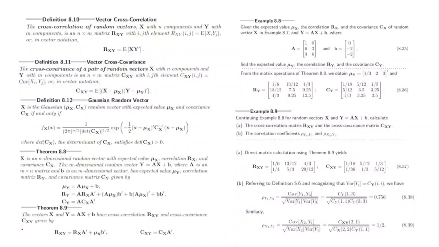Now, as we described vector correlation and vector covariance, we can define vector cross correlation and vector cross covariance. In the previous slides, in vector correlation, we took R_X only, so we had one random vector. Now we have two random vectors, X and Y, and would like to look at their relationship.